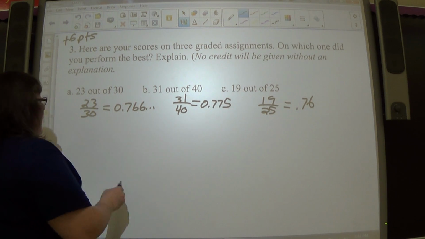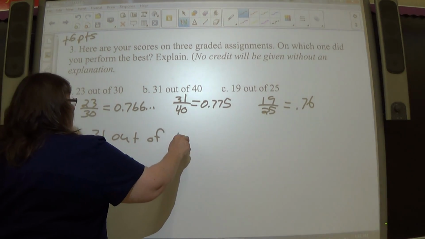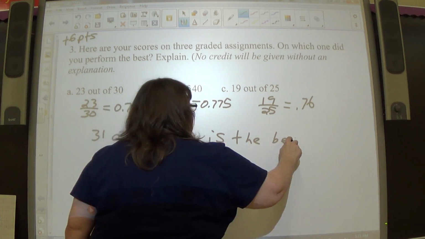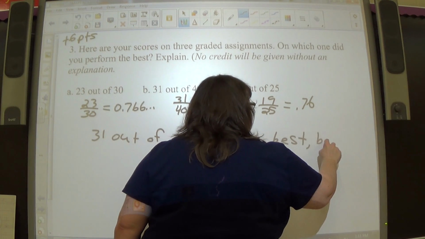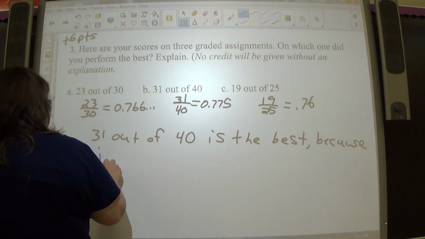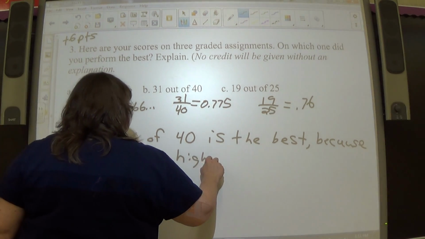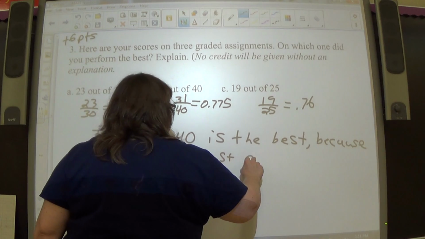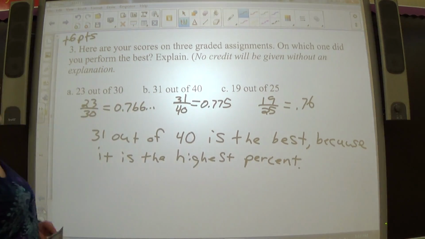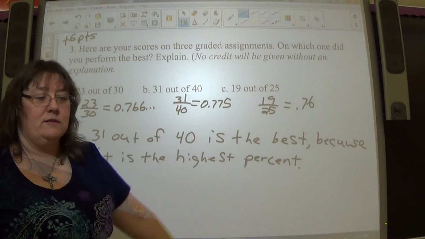So, you would say 31 out of 40 is the best, because it is the highest percent. Okay, so that's why this is worth 6 points. You needed to do some math and then write your sentence. Okay?